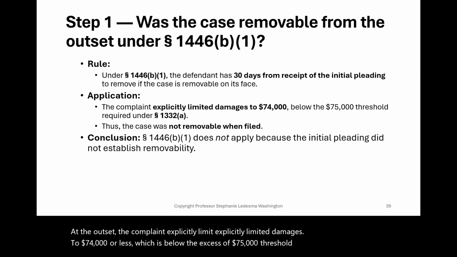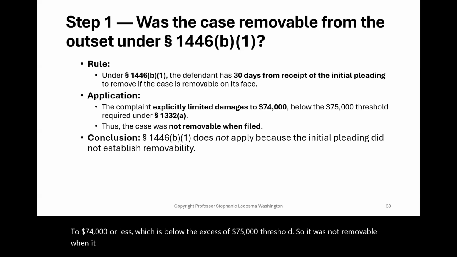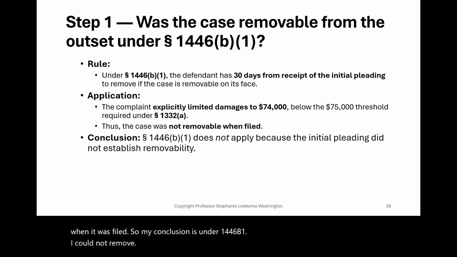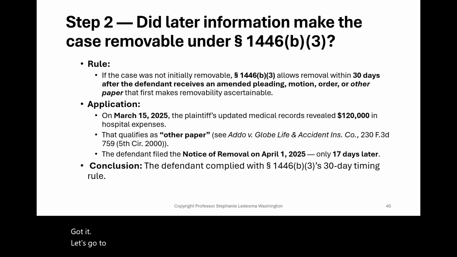So it was not removable when it was filed. So my conclusion is under 1446(b)(1), I could not remove. Got it? Let's go to step two.